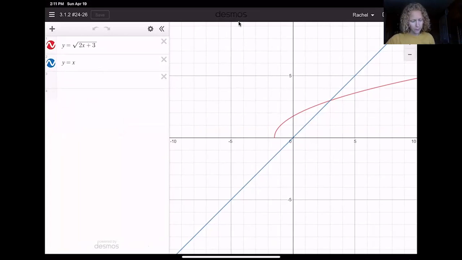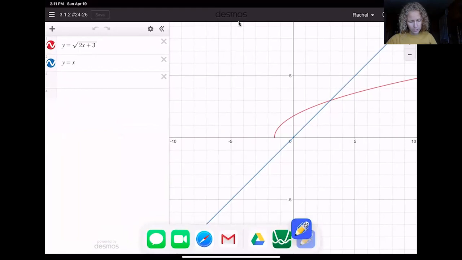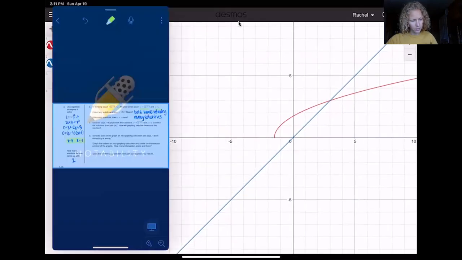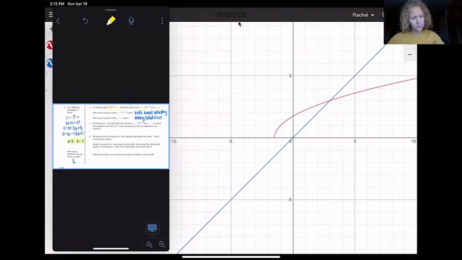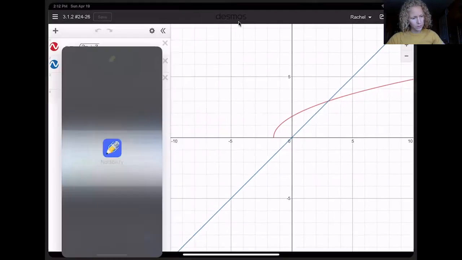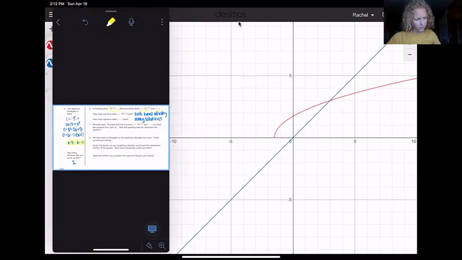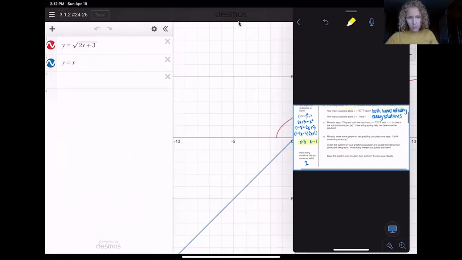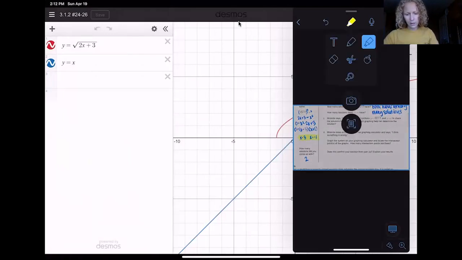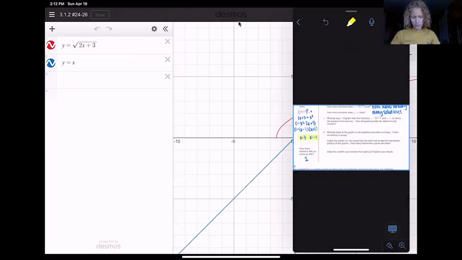So here we go. Oh wait, I can split screen this, right? Sorry, let's see if it's gonna work. Ooh, yay. I don't know if I know how to do this well. Sorry guys. Maybe that's not how we get the whole thing on here. I always can't remember how to do that. How do I drag it?